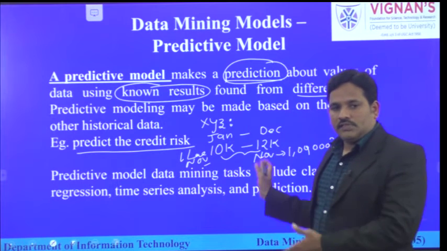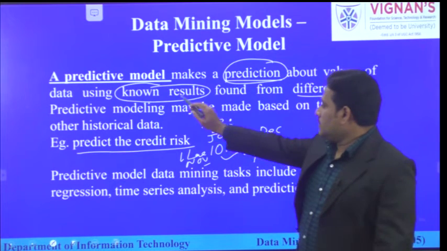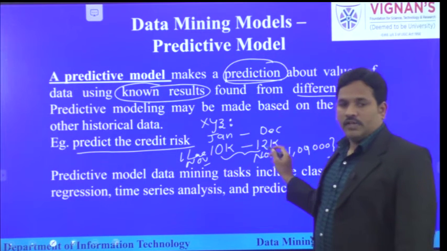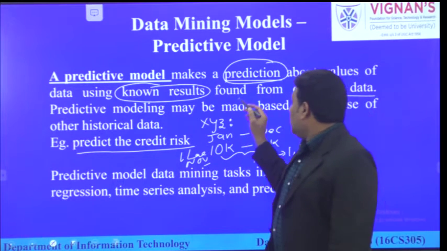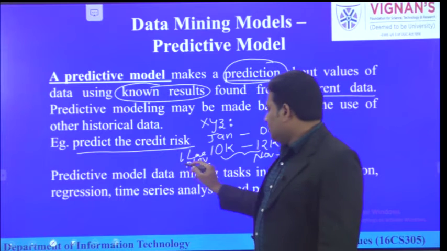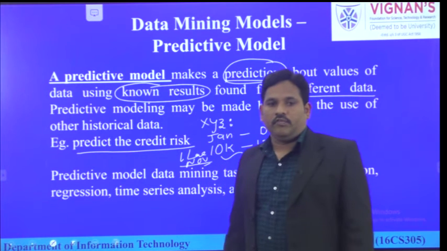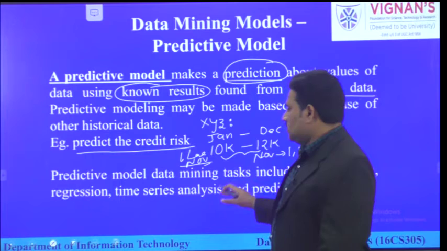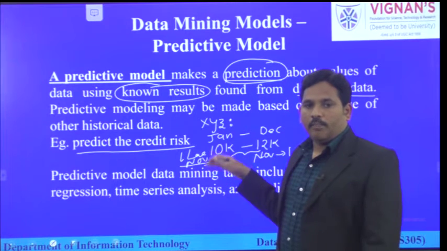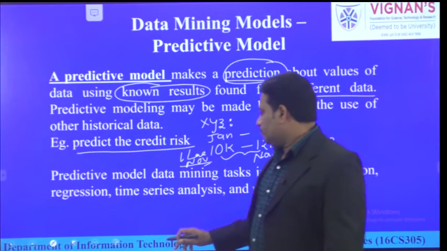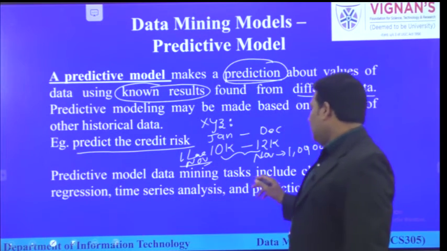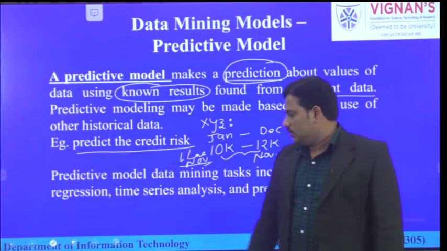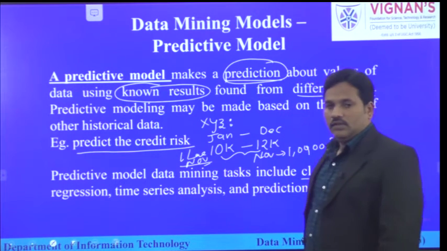So from the existing data, that is the known results. Here the known results are the January to December transaction history. And what we are trying to predict is why this happened in the month of November. That means they have to alert the customer. So this is the way of applying a predictive approach. Predictive model mining tasks include classification of the data, regression, time series analysis and prediction.